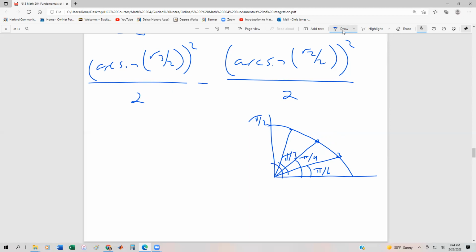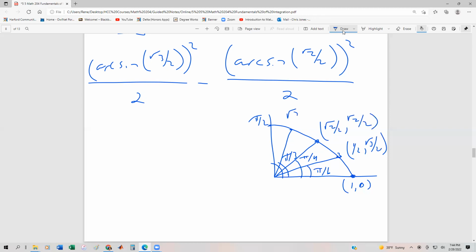So the coordinate pairs: this is the point 1, 0, and then this is going to be the point root 3 over 2, comma 1/2. Or sorry, those are backwards. I apologize. This should be root 3 over 2, comma 1/2, and then this is still root 2 over 2, root 2 over 2.